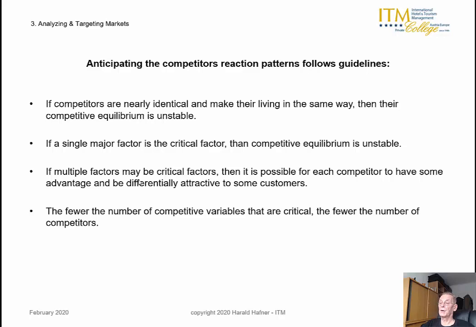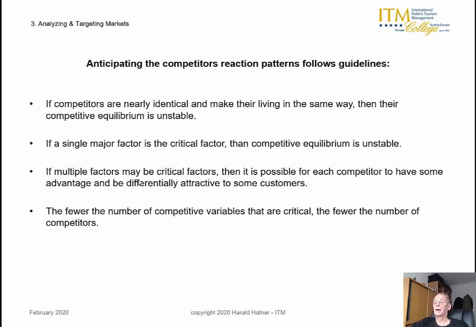The fewer the number of competitive variables that are critical, the fewer the number of competitors. If only one factor is critical, then no more than two or three competitors are likely to coexist. Conversely, the larger the number of competitive variables, the larger the number of competitors, but each is likely to be of a smaller absolute size.